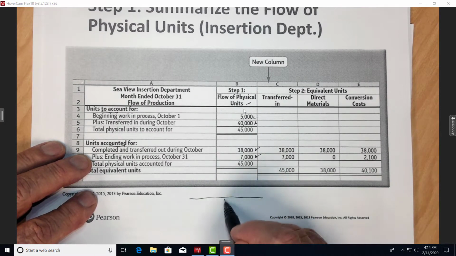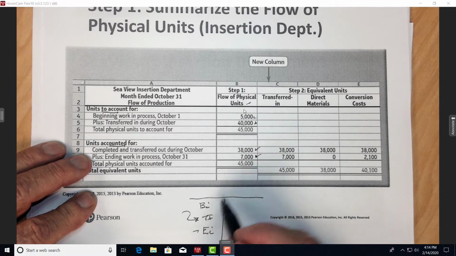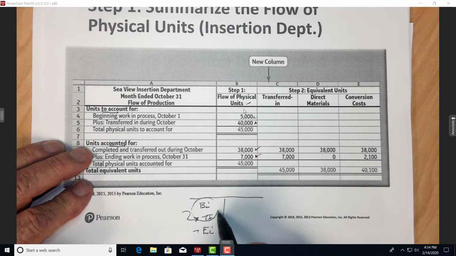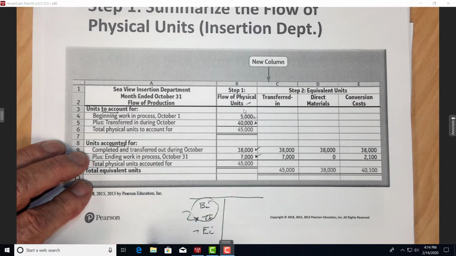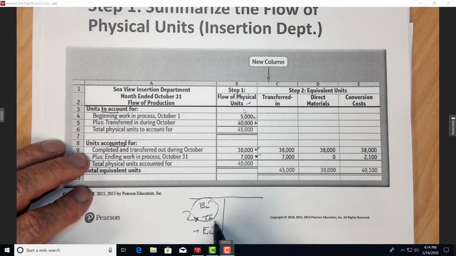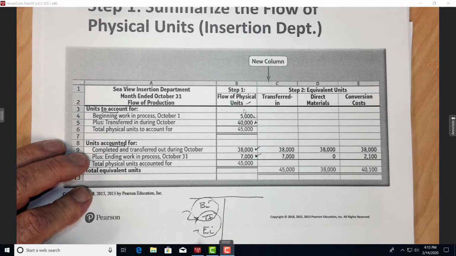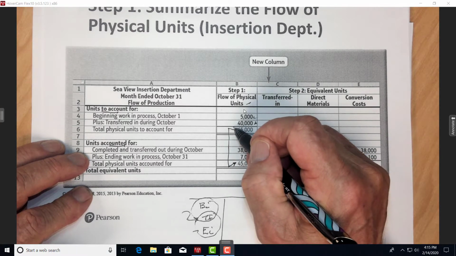Remember, when we do an inventory account, we have beginning inventory plus the transfer in minus the ending inventory. So the units to account for is beginning inventory plus the transferred in, and the units accounted for is what is transferred out plus what's left in the ending inventory. Please note that these two equal each other.